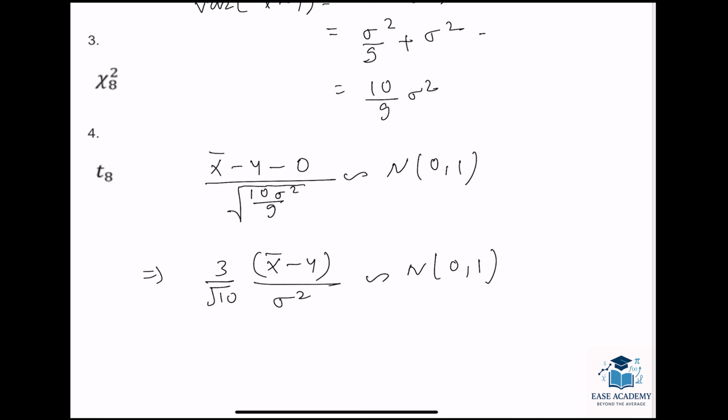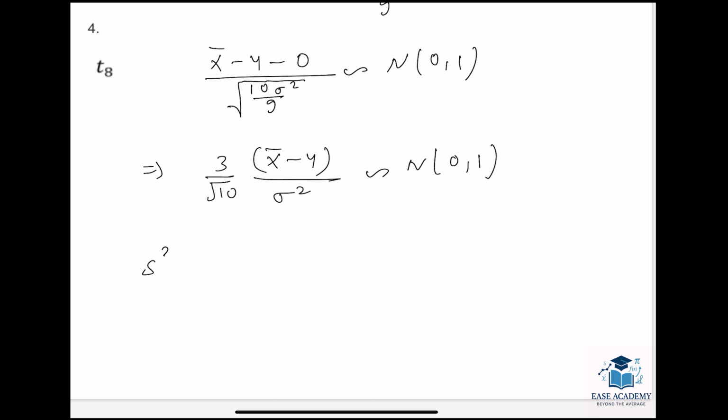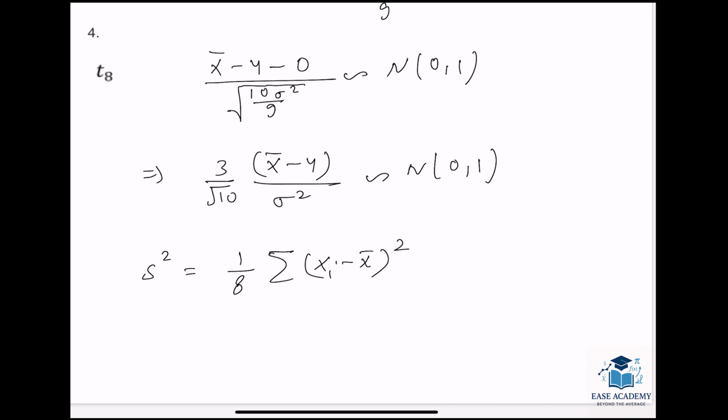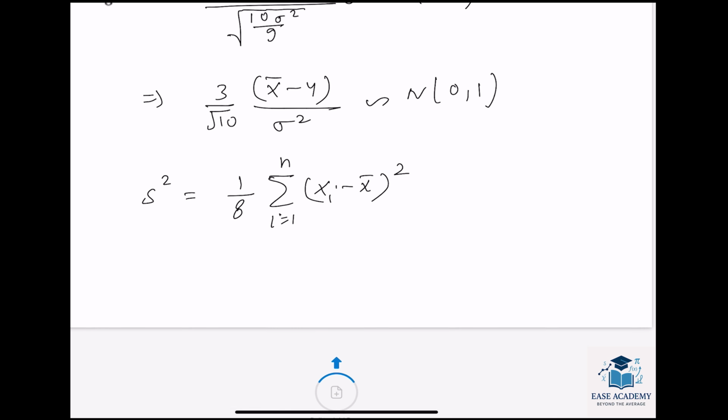So let us look at S square, which is 1 upon 8 summation of Xi minus X bar square, where i runs from 1 to n.